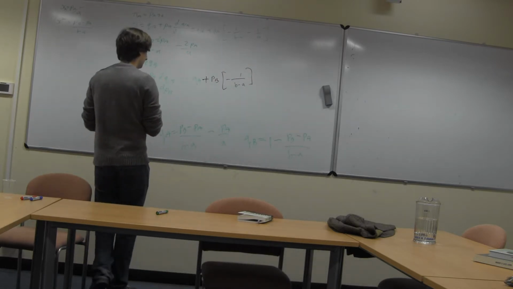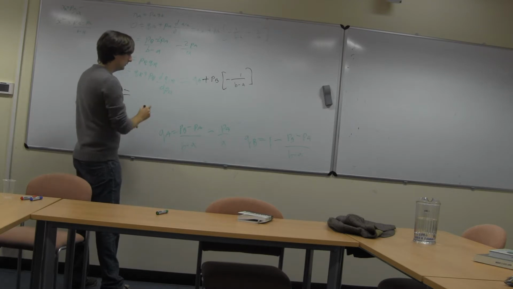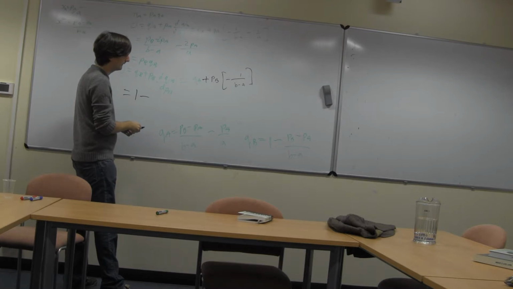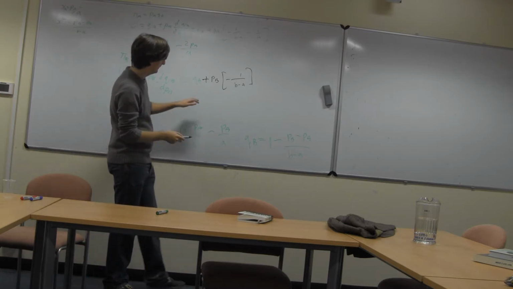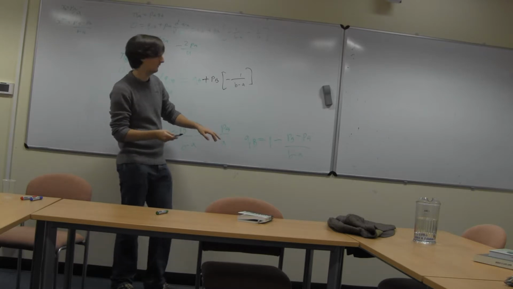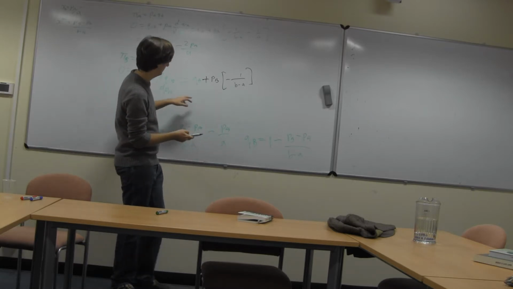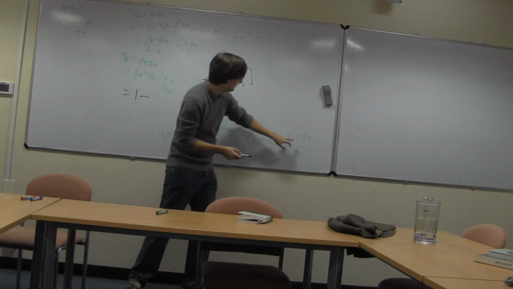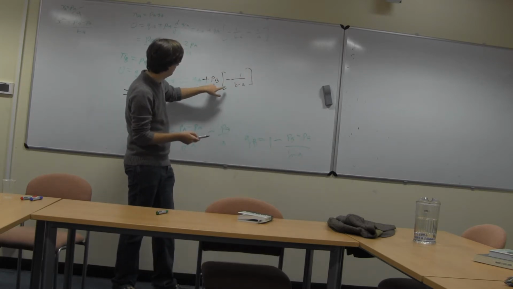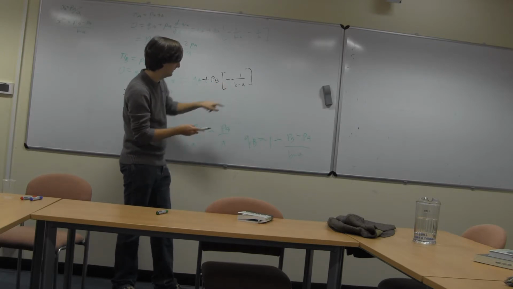Okay, so this is going to be equal to 1 minus PB minus PA over (B minus A) from here, and we've got minus PB over (B minus A) from here.